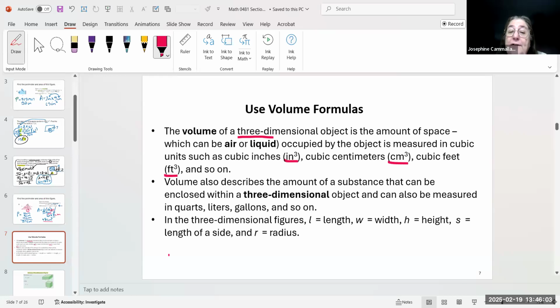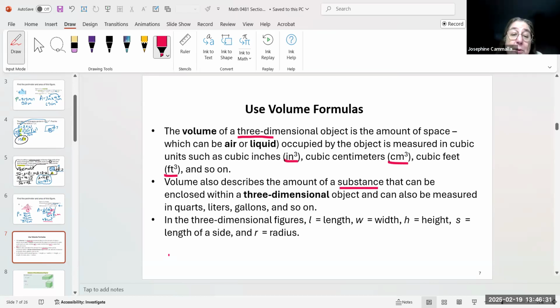And also, volume describes the amount of a substance. Now, substance can be air, it can be water, it can be liquid of any kind, and that volume is measured in quarts, liters, gallons.